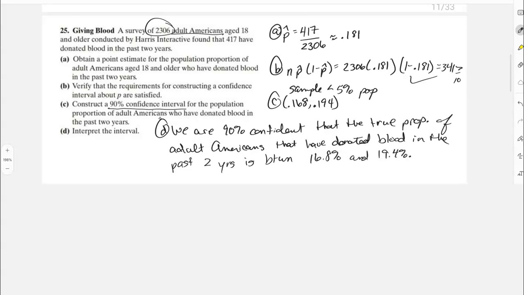We could also leave them as decimals. Either one would be fine. But do you see how we took that interpretation and we made it very specific to the problem that we're talking about? That is our point in doing that interpretation.